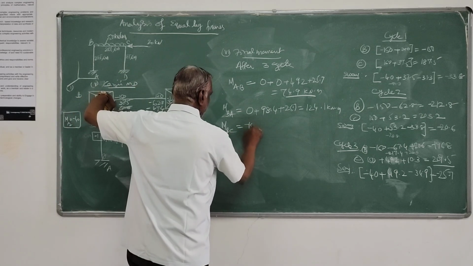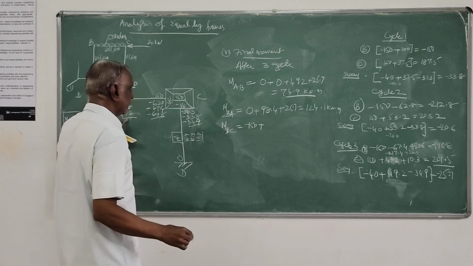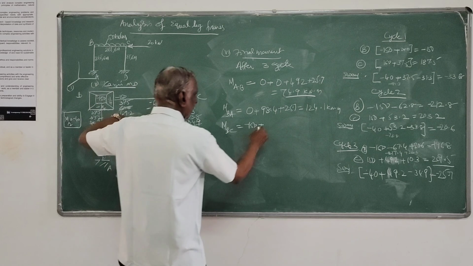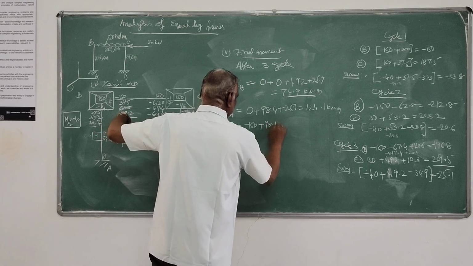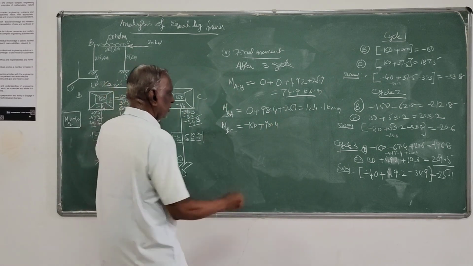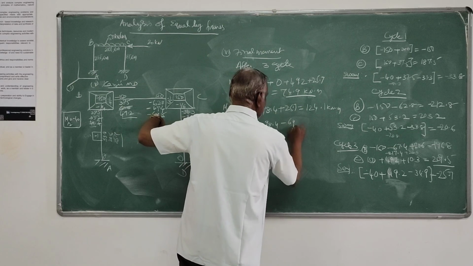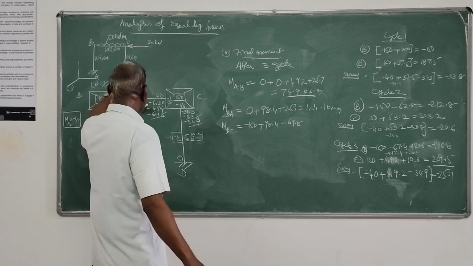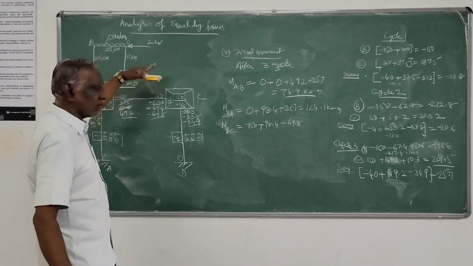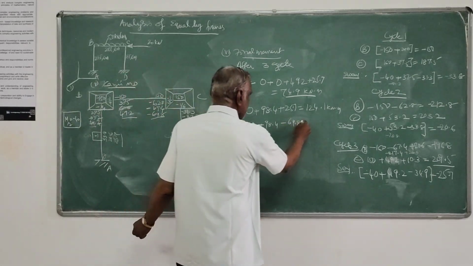Then find MBC, that is fixed end moment minus 150 plus twice rotation contribution, 2 into 49.2, that is 98.4, and contribution from the further end 69.8 plus sway contribution. BC has not undergone any sway, so that is 0.